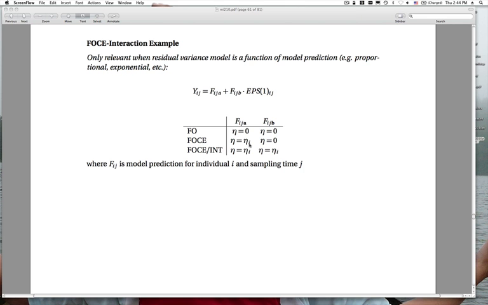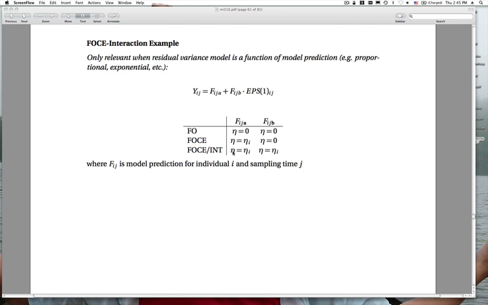But when the weighting is calculated and in a proportional or exponential residual error, the component of the prediction used to scale the residual error is actually evaluated at the population expectation, or eta equal to 0. It seems a little bit counterintuitive, but it's just a simplification that was implemented under the FOCE method.